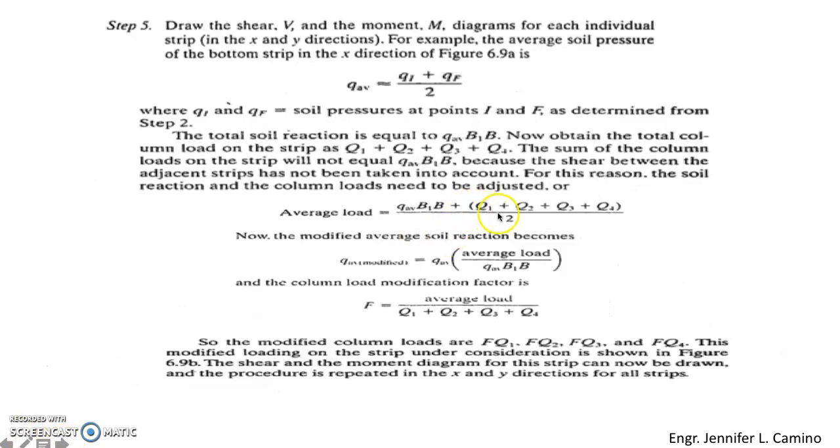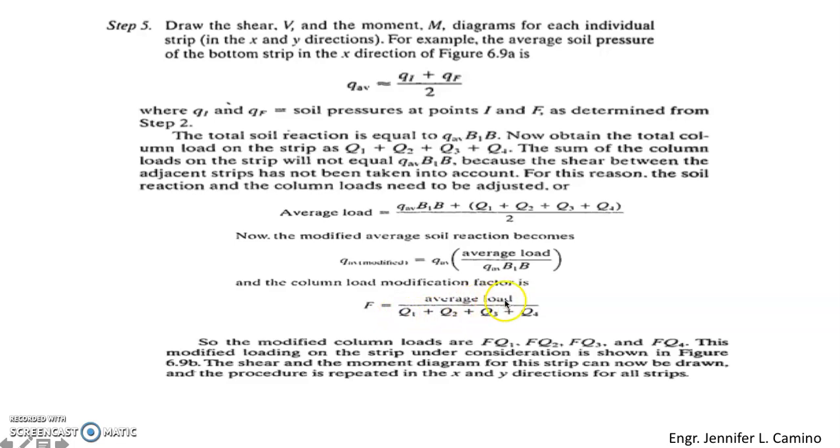Then plus the column load on that particular strip, Q1 plus Q2 plus Q3 plus Q4, all over 2. This is now the modified soil reaction. Here Q average is equal to the average load over B1 times B. And the column load modification factor is F.